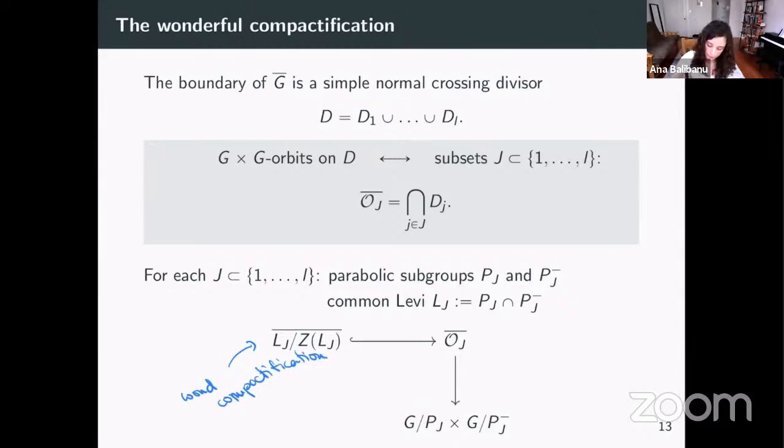And in particular, from this picture, we can see that the unique closed orbit of minimal dimension, which I mentioned above, which corresponds to intersecting all divisor components, is what I get when my parabolics Pj and Pj minus are minimal, which means that they are Borels. So this just looks like a product of two copies of the flag variety of the group G.